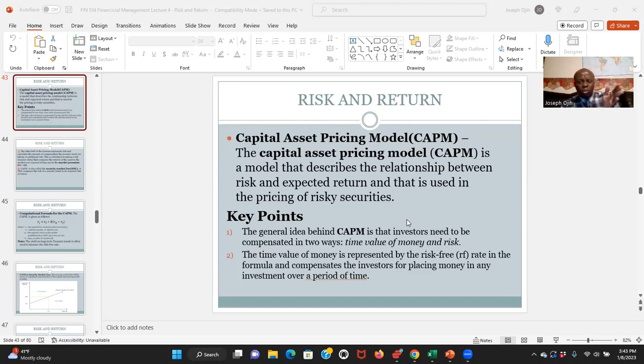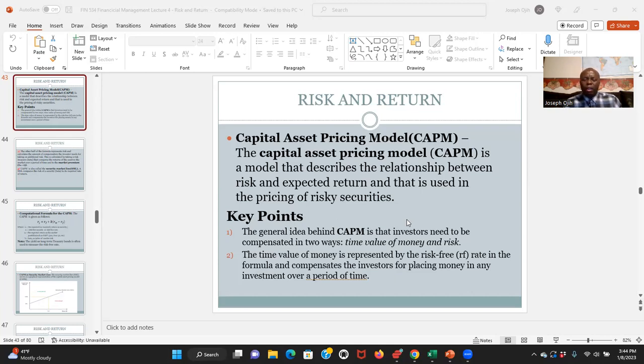So there's a few things you need to know about this capital asset pricing model. Those things are very important. First one is the general idea behind that model. That idea is this, that investors need to be compensated in two ways: time value of money and risk.